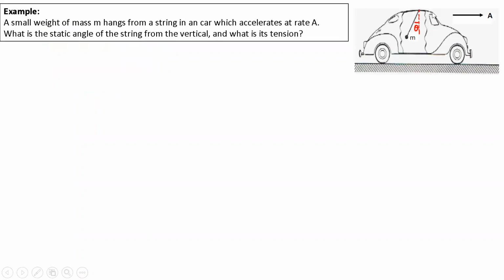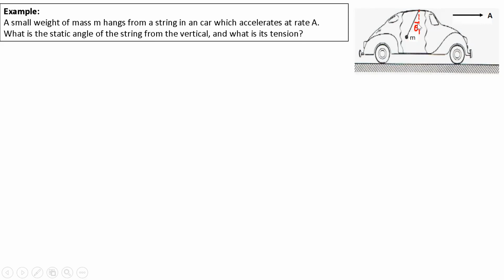Suppose I have this car, and inside the car I set up this pendulum here. Originally the pendulum is just hanging vertically, without any motion. Everything is at rest. Now the car starts to accelerate at this rate, capital A, to the right.